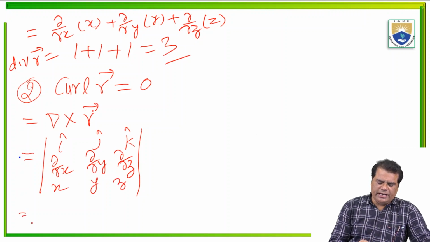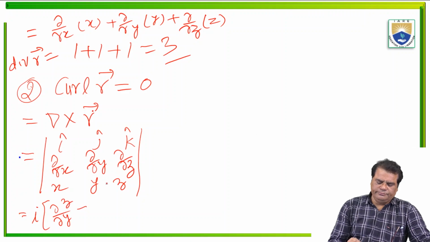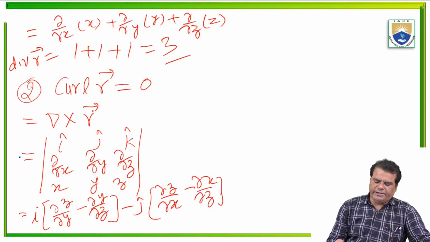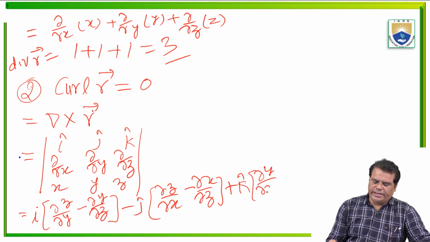Now solving this, i times, this cancels, dou z over dou y minus dou y over dou z, minus j times, this cancels, dou z over dou x minus dou x over dou z, plus k times, this cancels, dou y over dou x minus dou x over dou y.